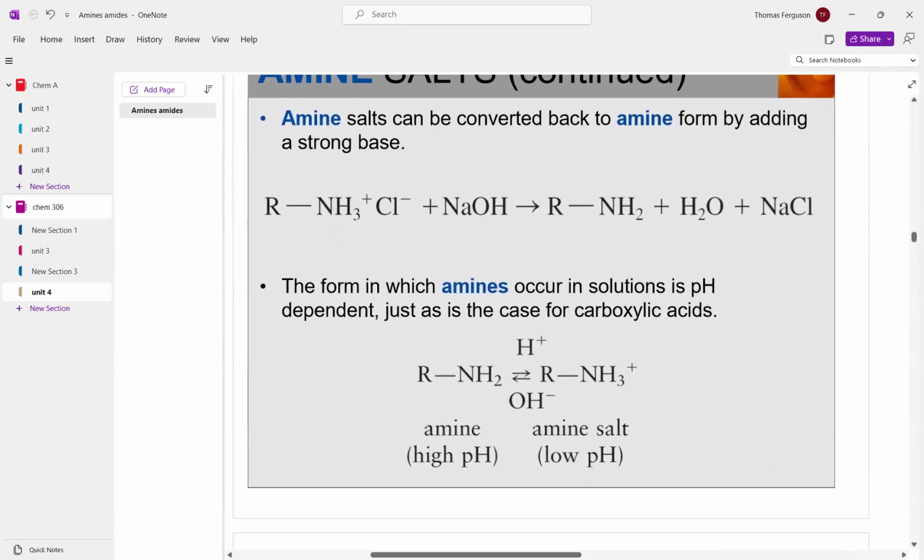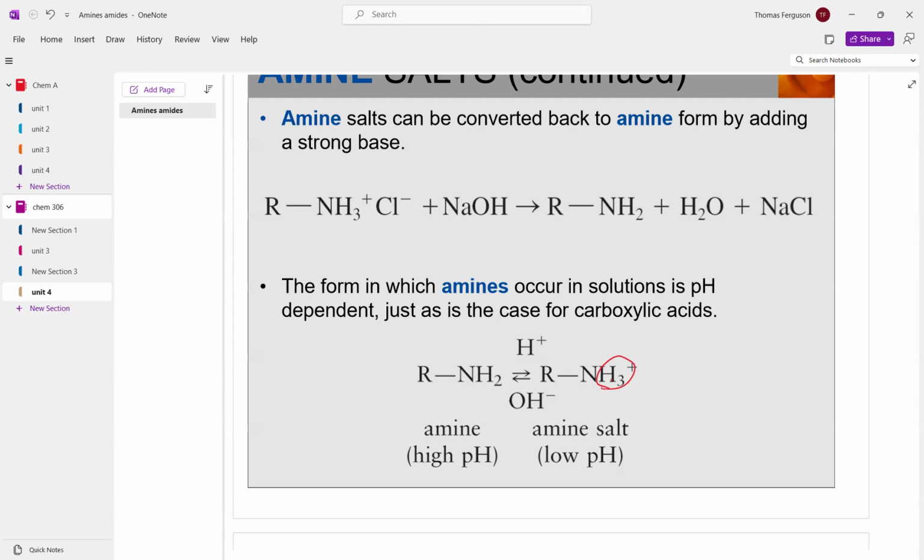Now, this hydrogen plus can be taken away by just adding something that wants that hydrogen plus, like a strong base. If you throw an acid in it, it's going to stay this way. If you throw a base in, it's going to stay that way.